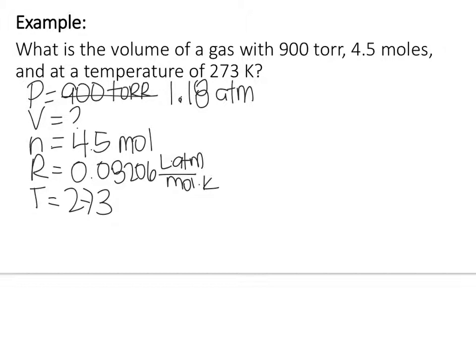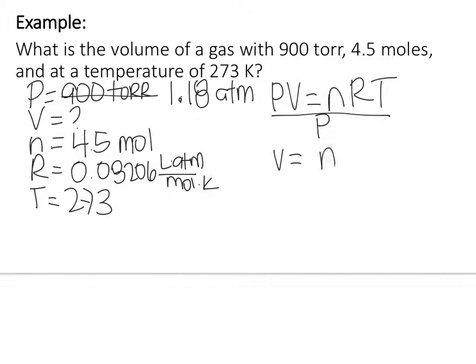Okay, another way you can do this is you can think PV=nRT looks like this. Last time I plugged in the numbers and then moved things around. Another way I've seen people do it is they start by moving letters around. So they get that V is equal to nRT over P, and then they plug in numbers. It's the same exact thing. Whichever one looks easier to you, have fun.